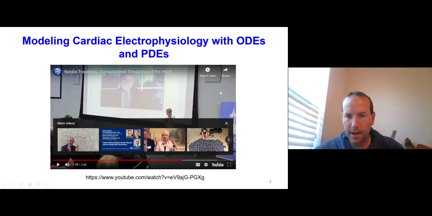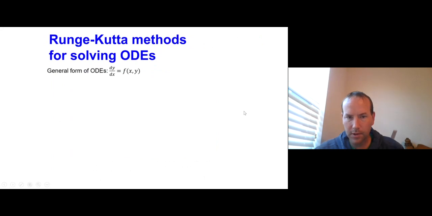And so now let's look at basically how we can start learning how they can be solved. How can we do math on them? So the general form of our differential equations is this form, dy/dx equals f.